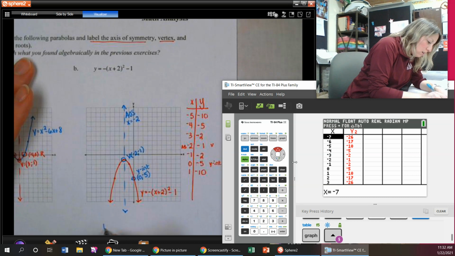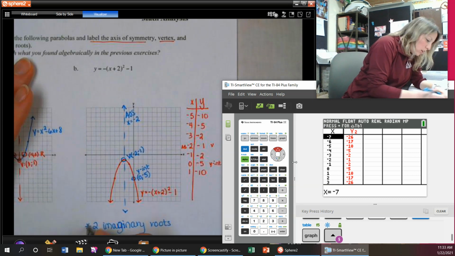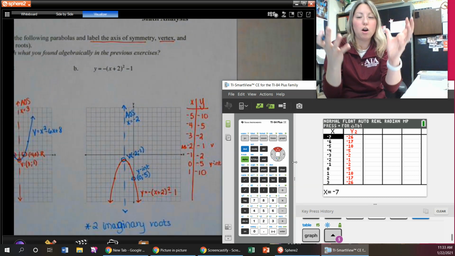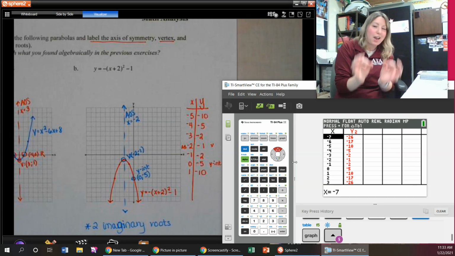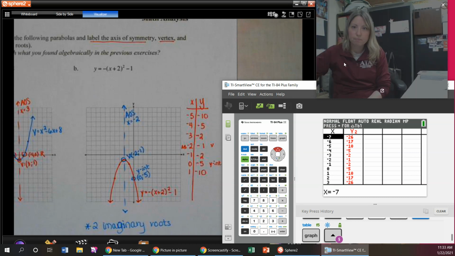And imaginary, there we go. And 2 imaginary roots, because there are no places where this parabola is actually touching and crossing the x-axis.